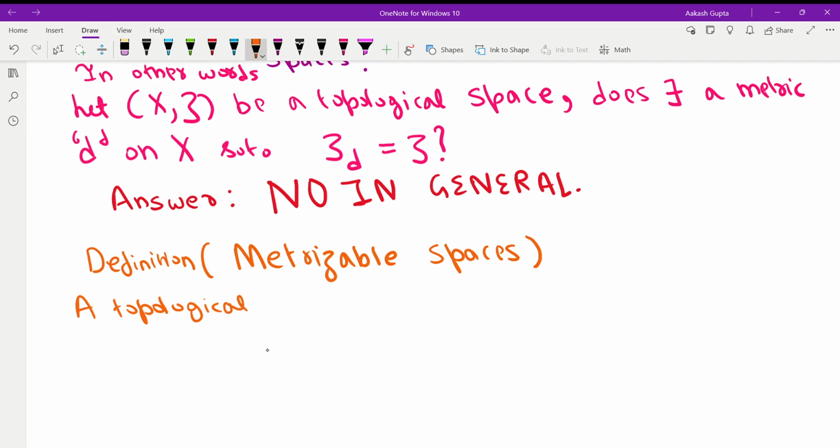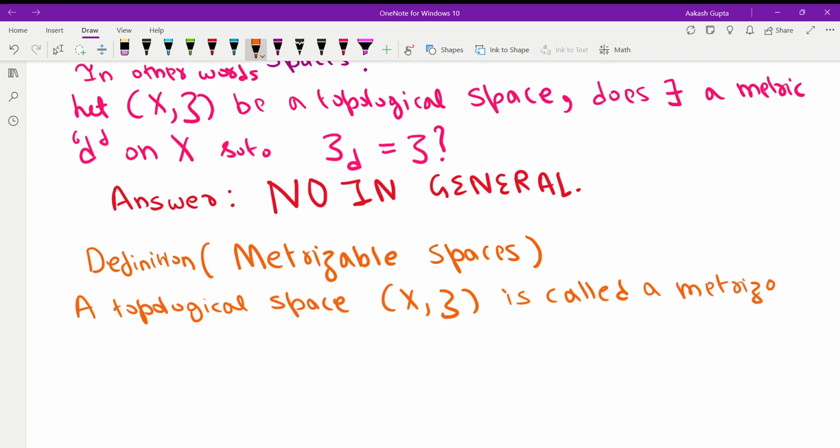So what is this? Definition. A topological space (X, tau) is called a metrizable space.